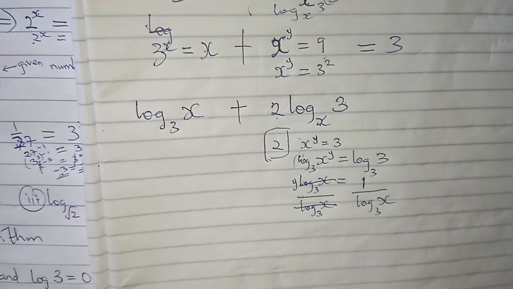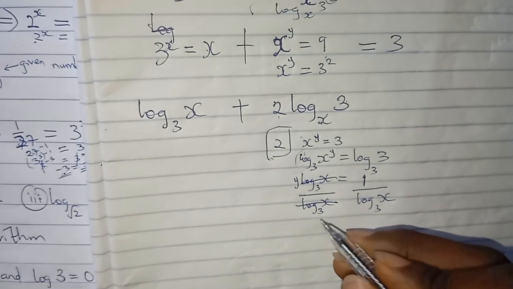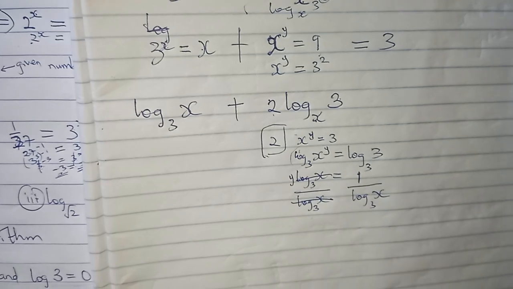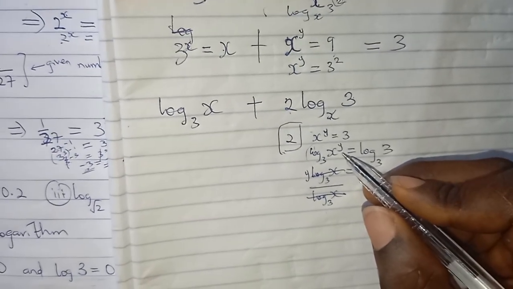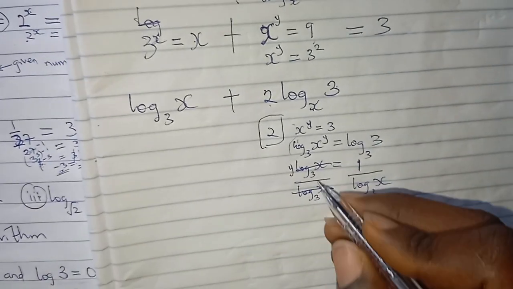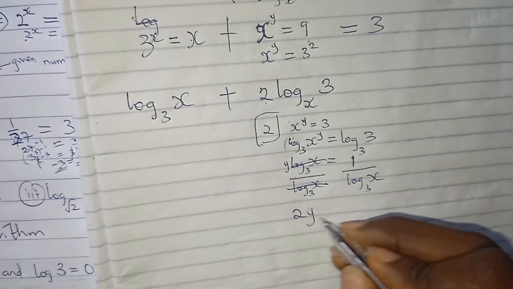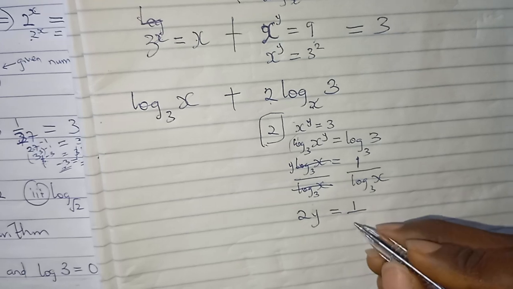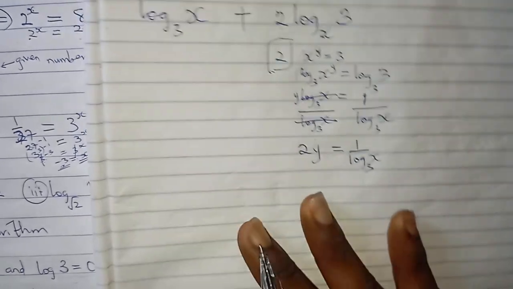So I now have y equals to, but remember that I am the one that introduced this y. So I now have 2y equals to 1 over log x3.